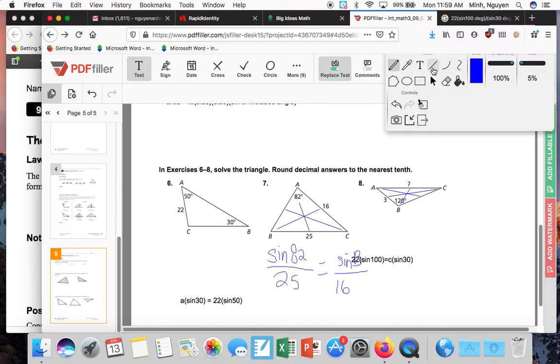So we are going to go ahead and cross multiply again. So 16 sine 82, 16 times sine 82.